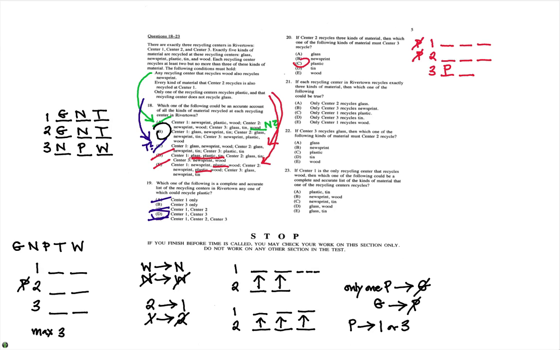Question 21. If each recycling center in Rivertown recycles exactly 3 kinds of material, then which one of the following could be true?